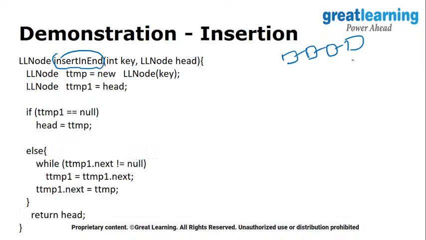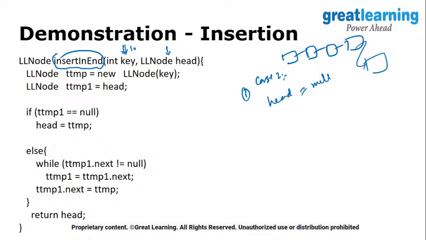Cool. So now you will be inserting this new node at the end always. This is the code for that insertion at the end. We'll see how to do it in the beginning, how to do it anywhere, in this session itself. Okay, cool. So now let's suppose you have this data and you want to store 10, and this head node. Now there will be two cases. What are those two cases? Listen carefully. The first case will be that your head is null.